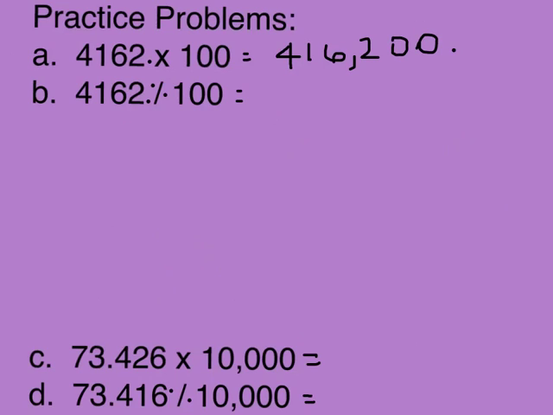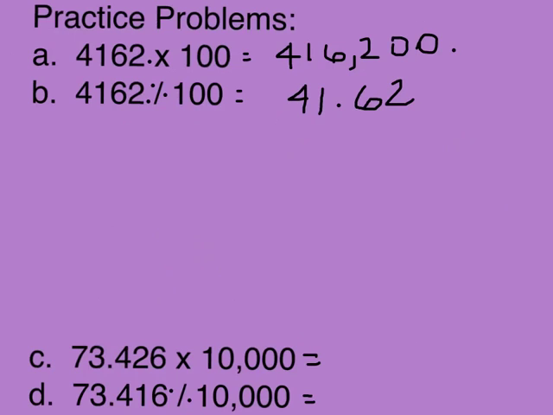And then I'll put my comma in, and I've got 416,200. Alright, but if I divide by 100, and the decimal point was at the end, that means I'm going to move the decimal 2 places to the left, leaving me with an answer of 41 and 62 hundredths.